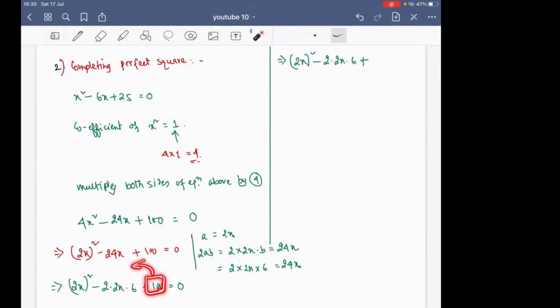We will break it down into 36, which makes the b square. The remaining will be 64, right? 36 plus 64 is 100. So 100, we split into 36 plus 64, is equal to 0. Okay, let's make further transformation.